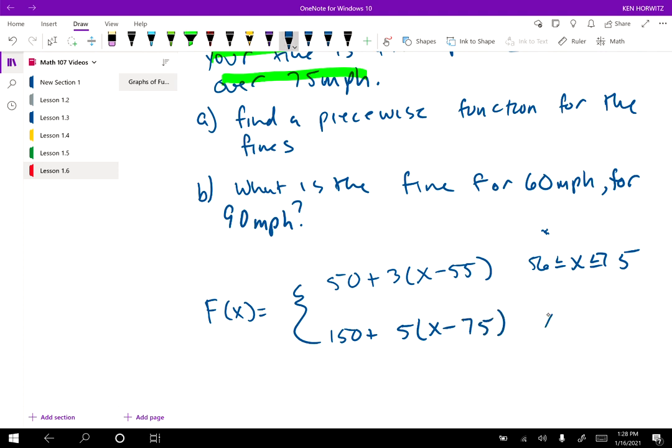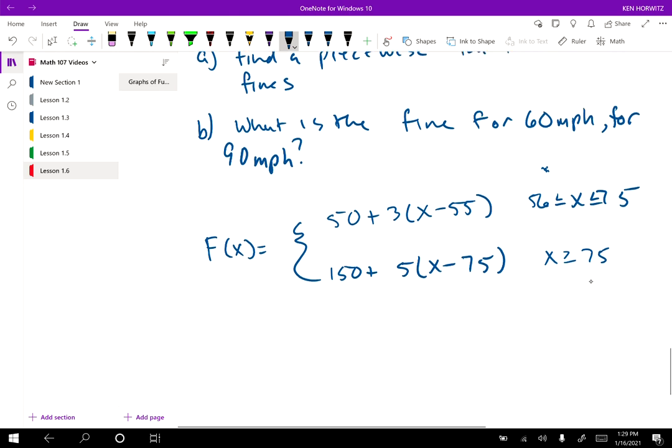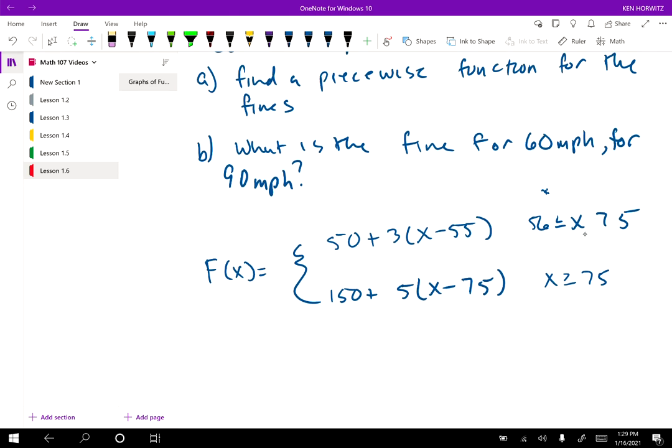And that's if x is greater than or equal to 75. This shouldn't have an or equal to over here. See if we can. Oh, there we go. Because once we get up to 75, we jump to the next higher rung of the ladder.